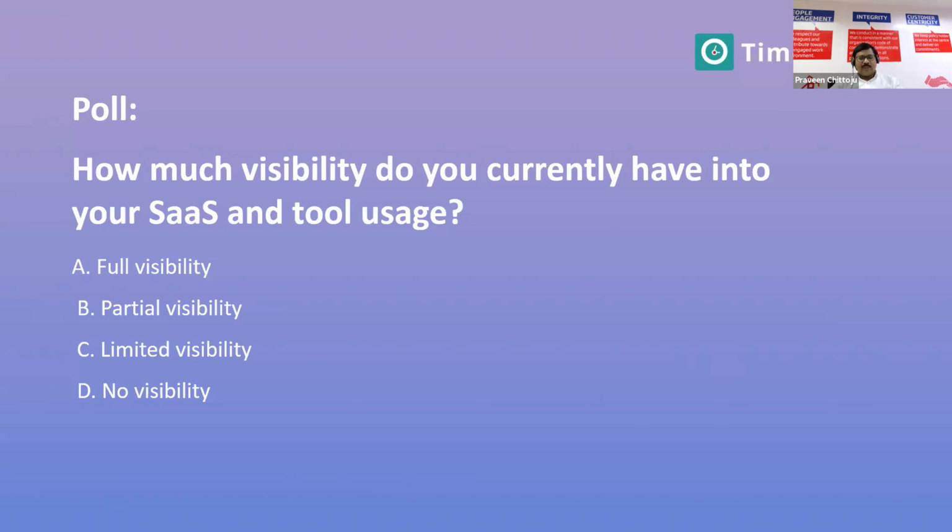In total, around 70 to 80 percent of people want the visibility. They lack visibility, so they need a tool which can show the complete visibility of the tools. Yes, that's the reason we are conducting the webinar. Yes, we will find it.